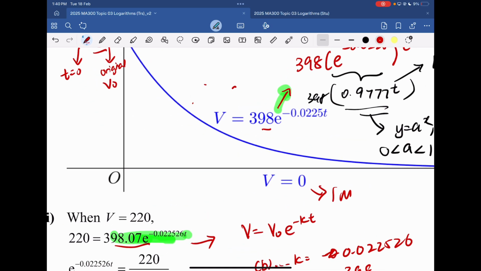At 26.3, it is somewhere here. So at 26, have I dropped to 220 yet? Not yet. I dropped at 26.3. Clear so far?